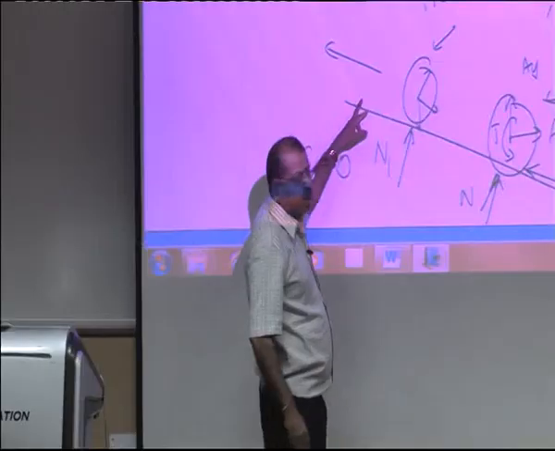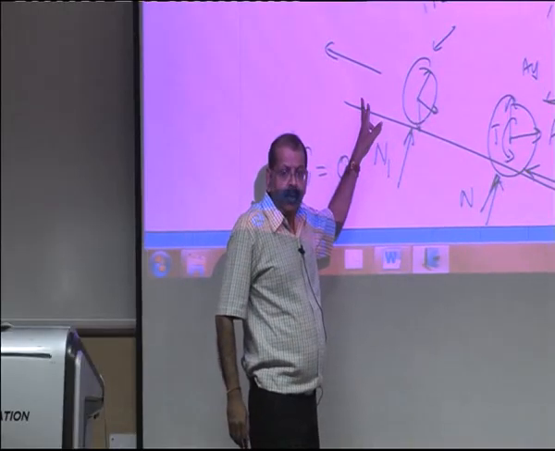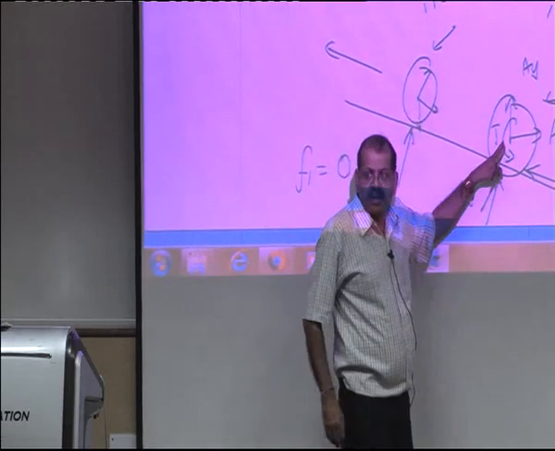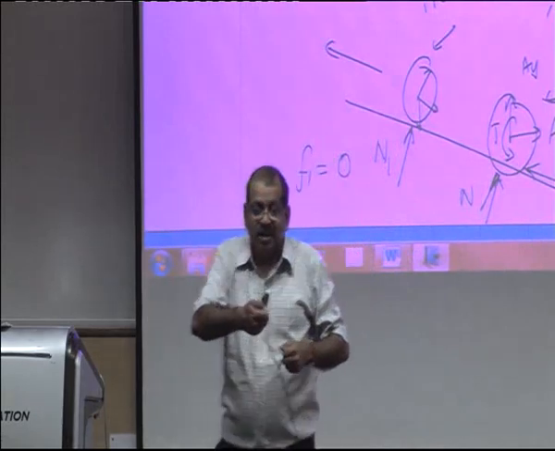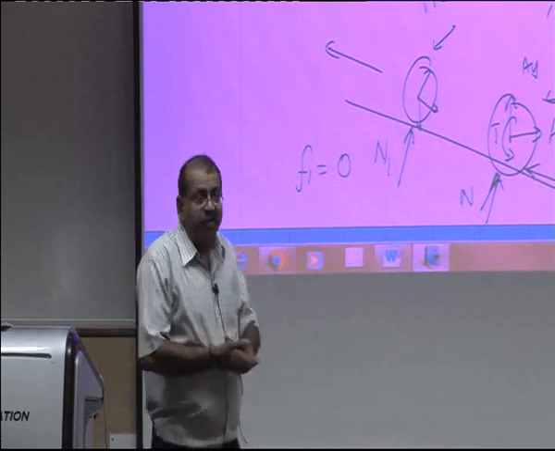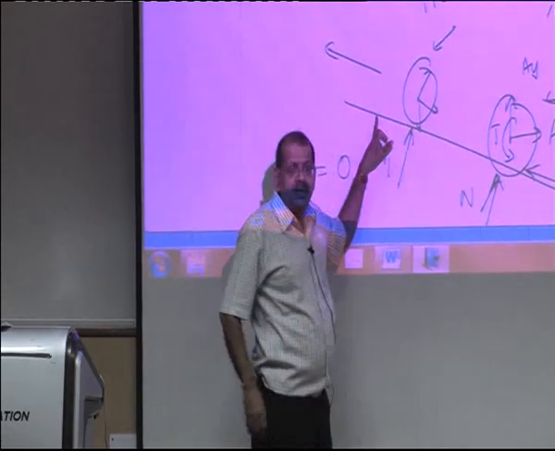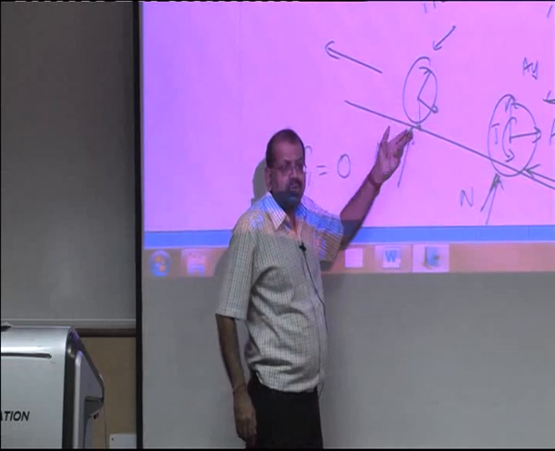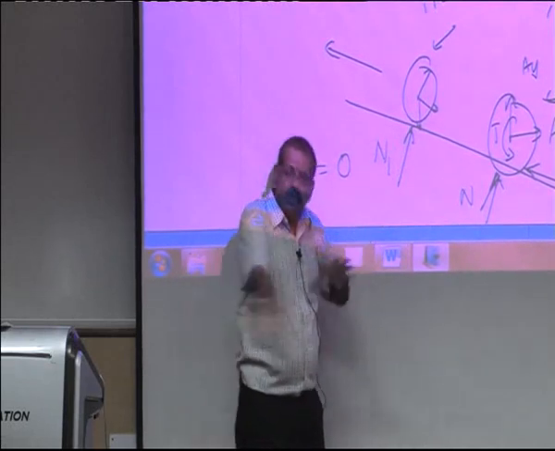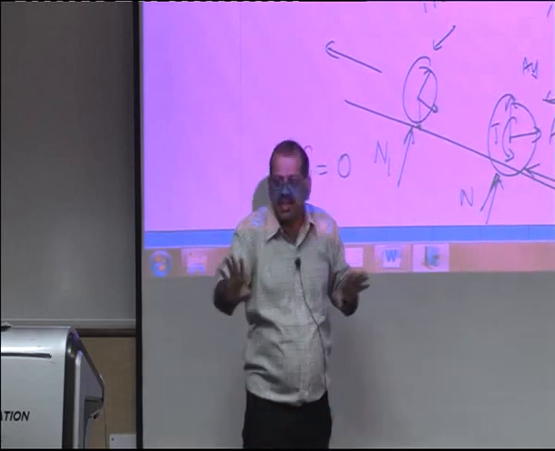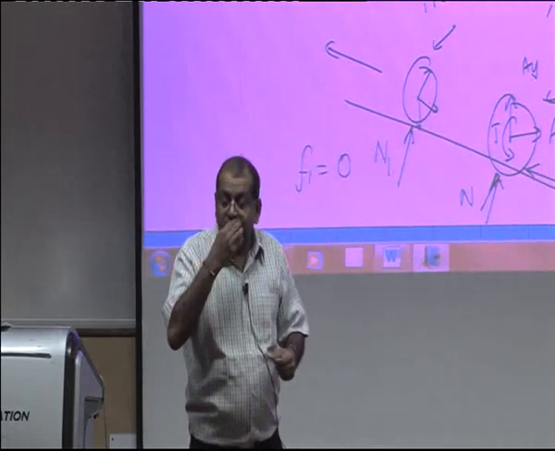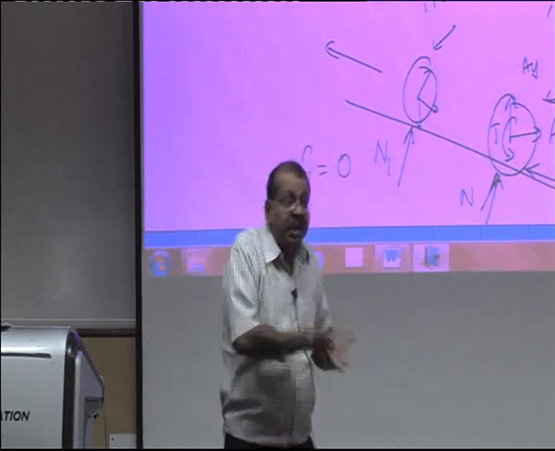So, even if you show a friction force, when you do moment balance you will get friction equal to 0. Whereas in this case friction has to be there to be able to take care of the torque. If in this case you show a friction and you do a moment about center equal to 0, you will get friction equal to 0. No, if it is moving with a constant velocity; if it is accelerating then it will not. But in this case if there is a torque being provided, then friction will have to be there to take care of that torque.